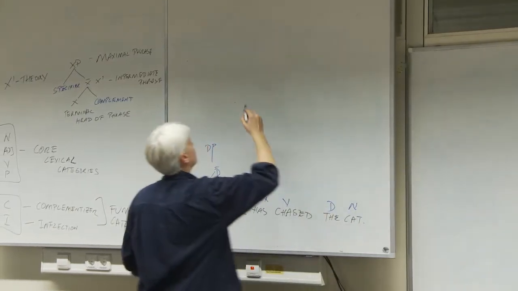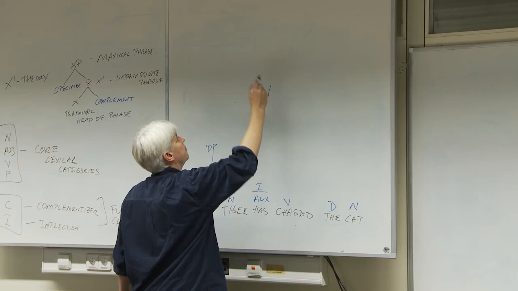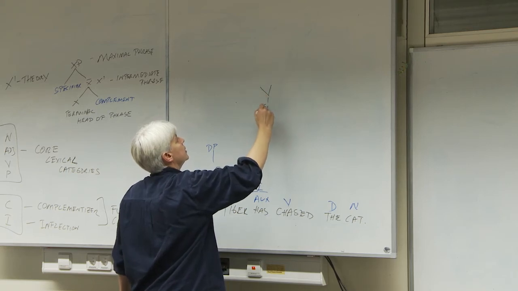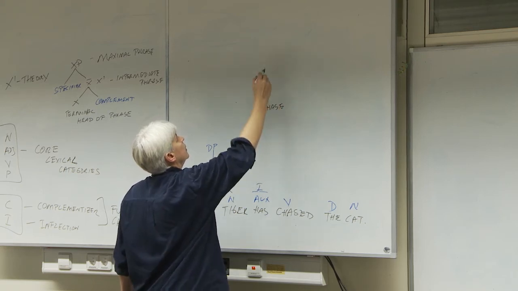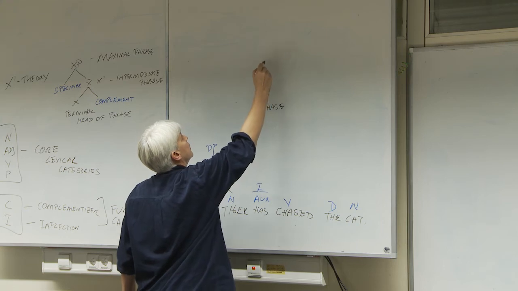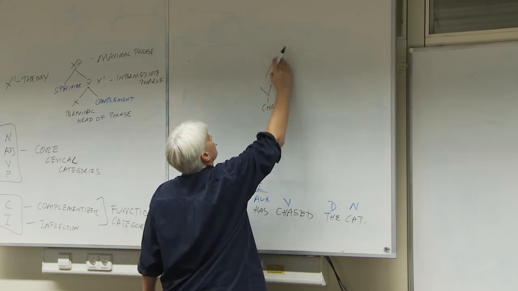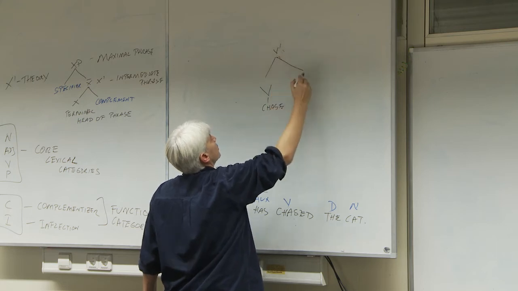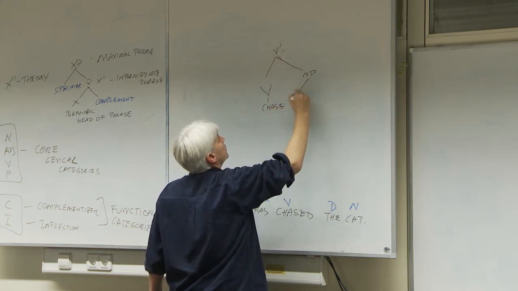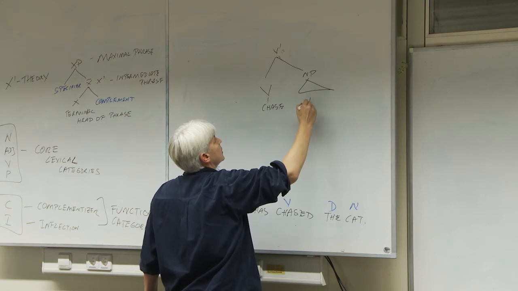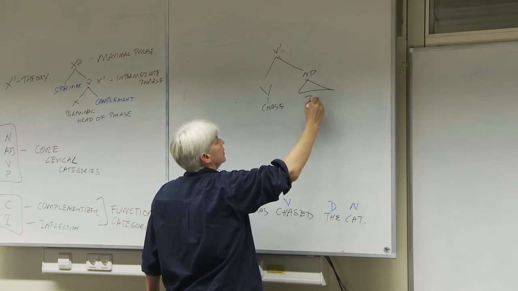Let's take it out of this tree. So if you have a verb, like chase, then you would have an NP here, which would be the cat.